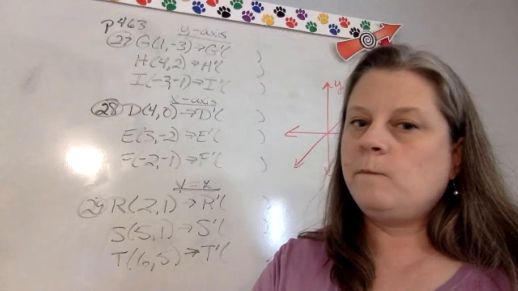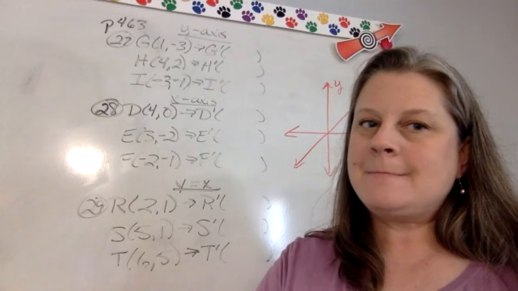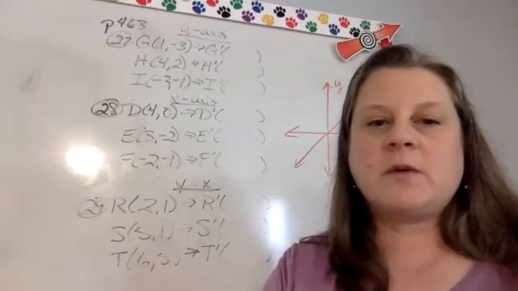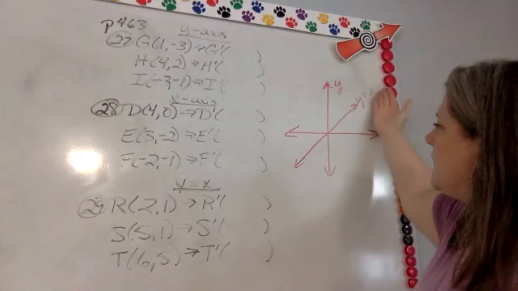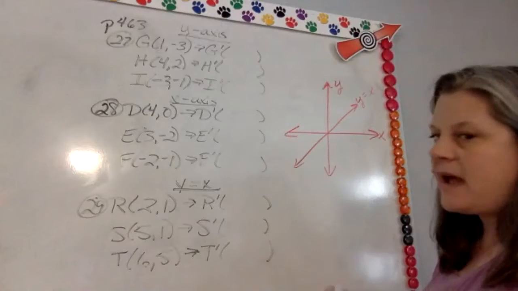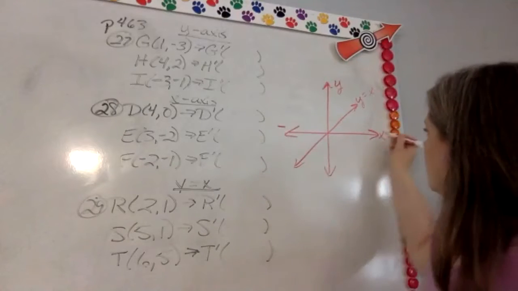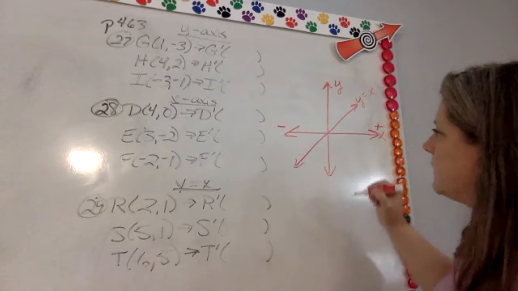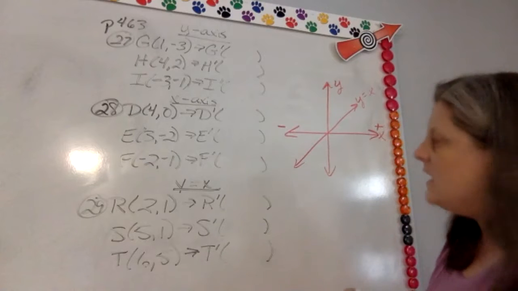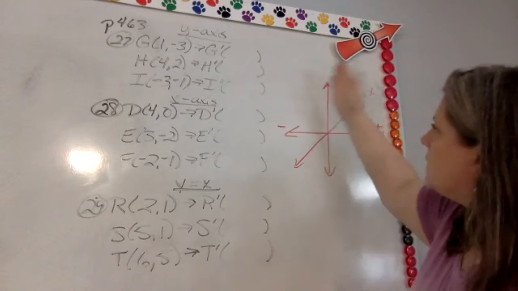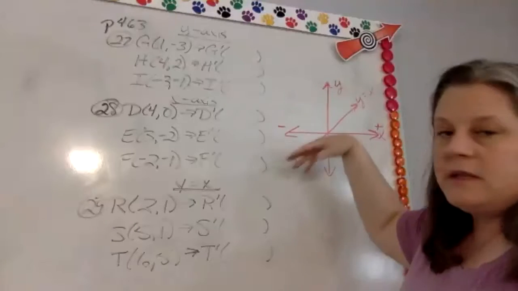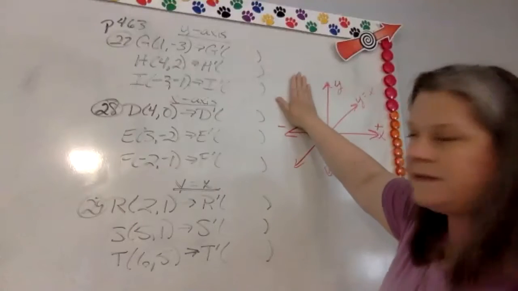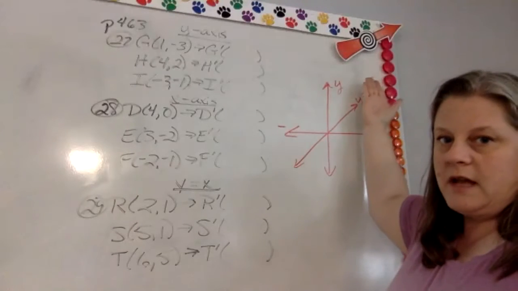Your x? Your x-coordinate changes, okay? Because I'm going from one side of the y-axis to the other. So over here, remember my x's are negative. Over here, my x's are positive, okay? So you're changing your x-coordinate. Your y-coordinate is going to stay the same because it's not moving up and down anywhere. It's just going from one side of the y-axis to the other.